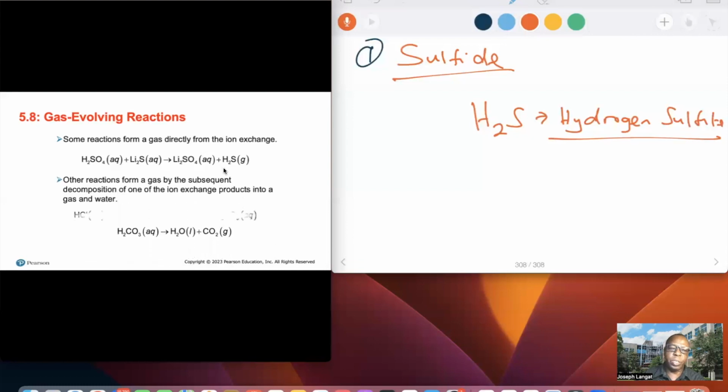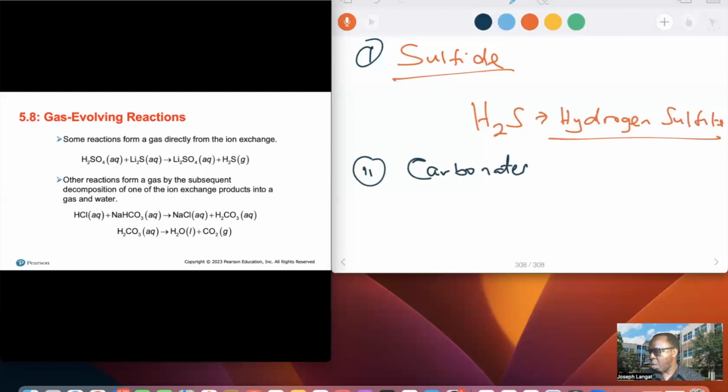There is also CO2, for carbonates and hydrogen carbonates.